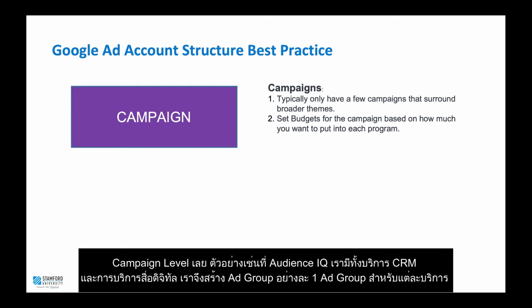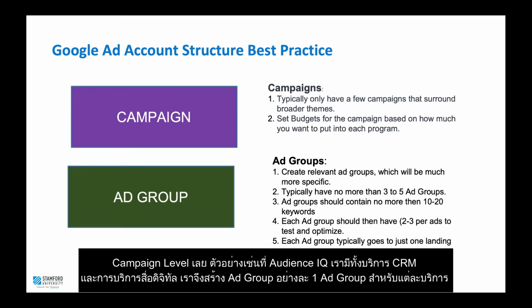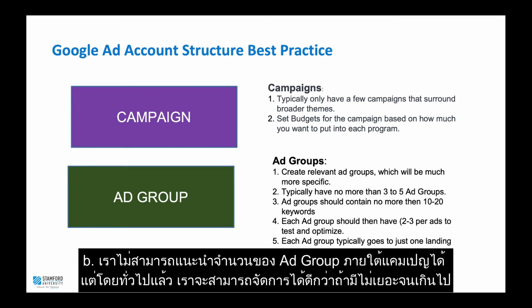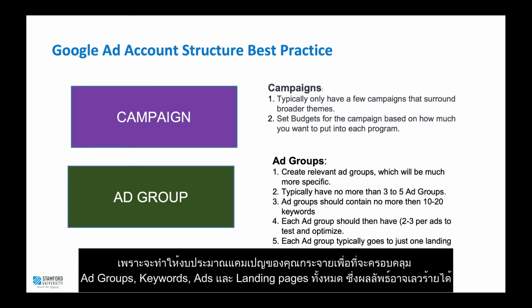So for example, at Audience IQ, we have both CRM and digital marketing services. We create one ad group for each. Now down to the ad group level. Under each campaign, you will create relevant ad groups, which will be much more specific. There's no recommended number of ad groups to have under a campaign, but typically it's more manageable to not go overboard, since it will stretch your campaign budget across many different ad groups.